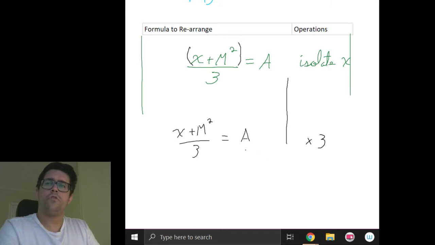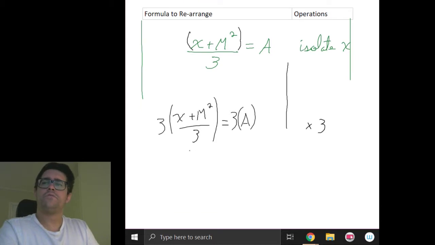Take this side, multiply by 3. Take this side, multiply that by 3. We're left with no 3's, which is good because our goal is to declutter.